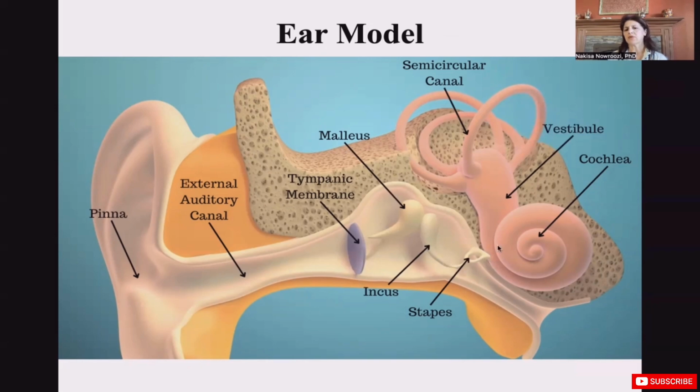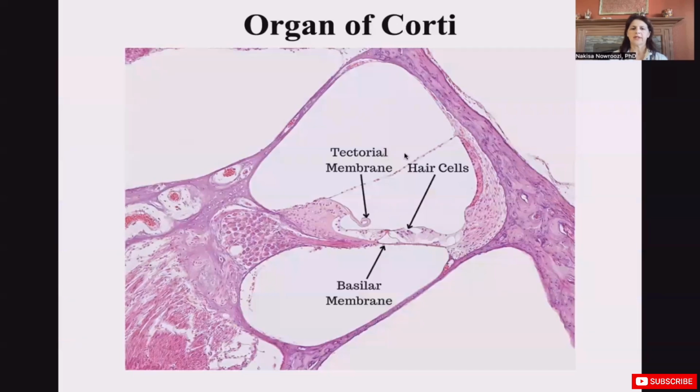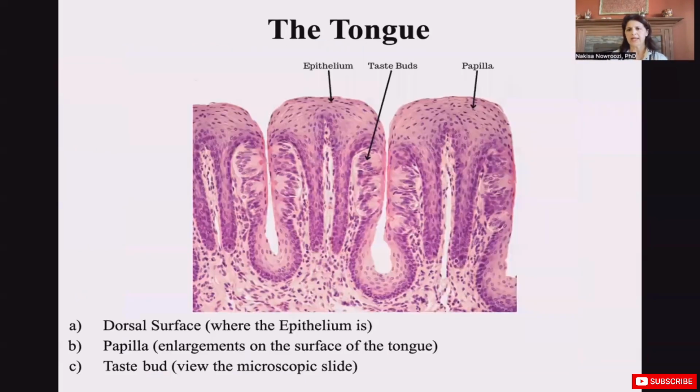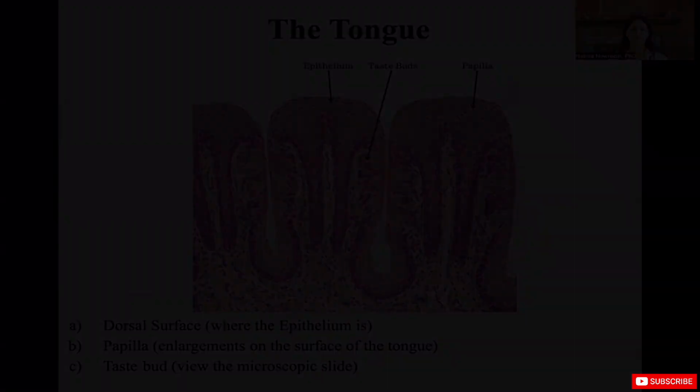The stapes is going to vibrate the fluid-filled structure here. It bends the tectorial membrane. It bends the hair cells, which have these hair-like projections, and an action potential occurs through the basilar membrane, through the auditory nerve. You send the signal to the brain, and you can hear that sound.